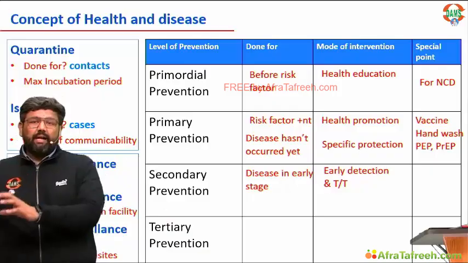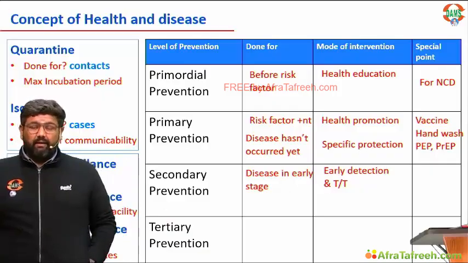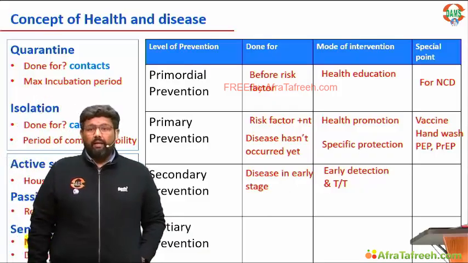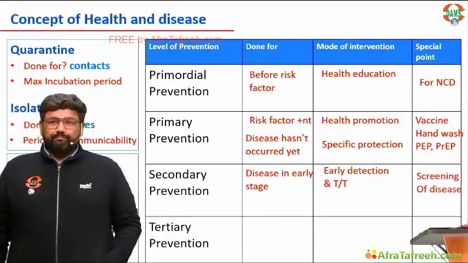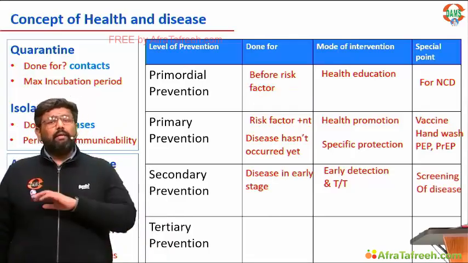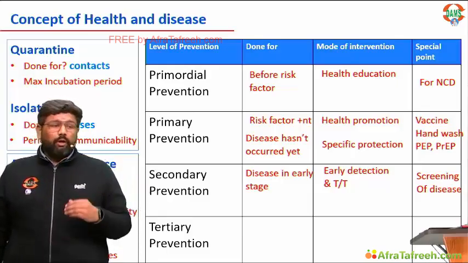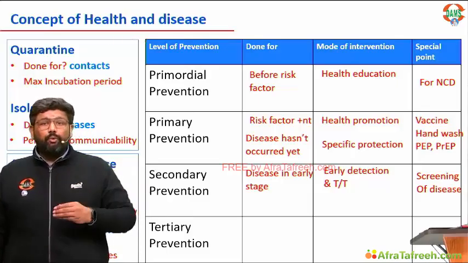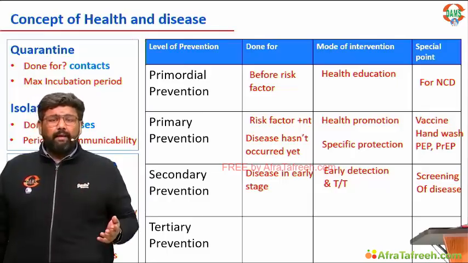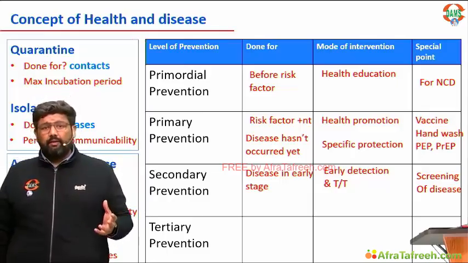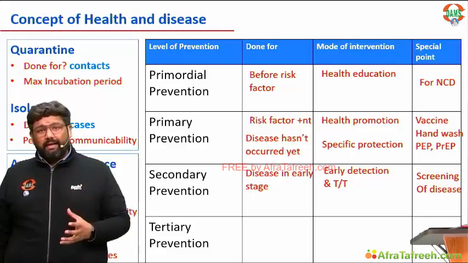What is the example? Screening of disease is secondary prevention. You go to a health camp and screen with mammography. Mammogram is screening of disease. Pap smear, you are detecting the disease.